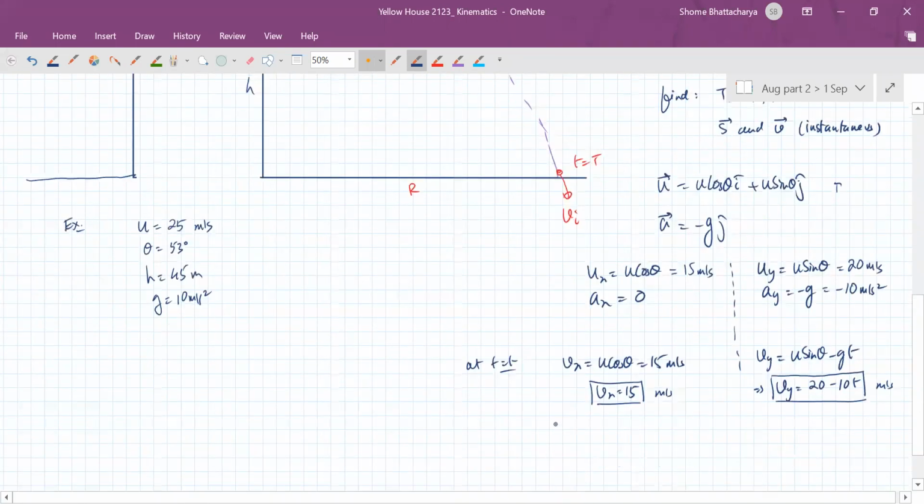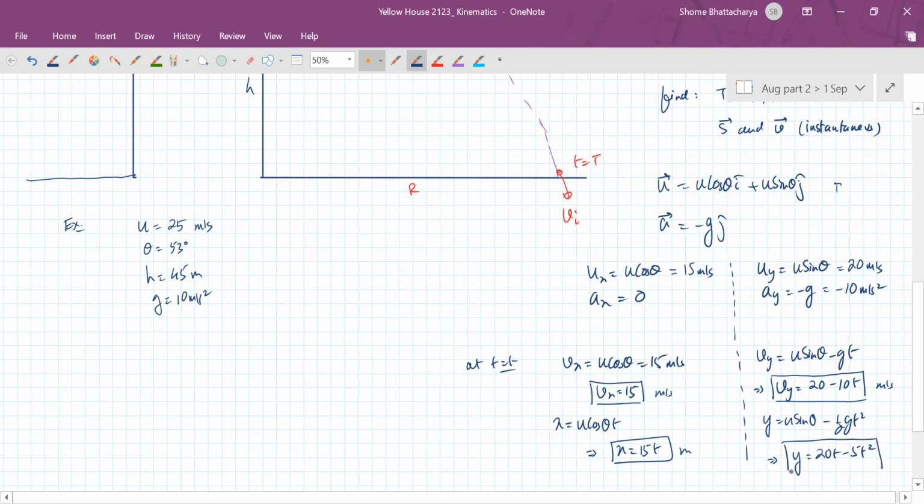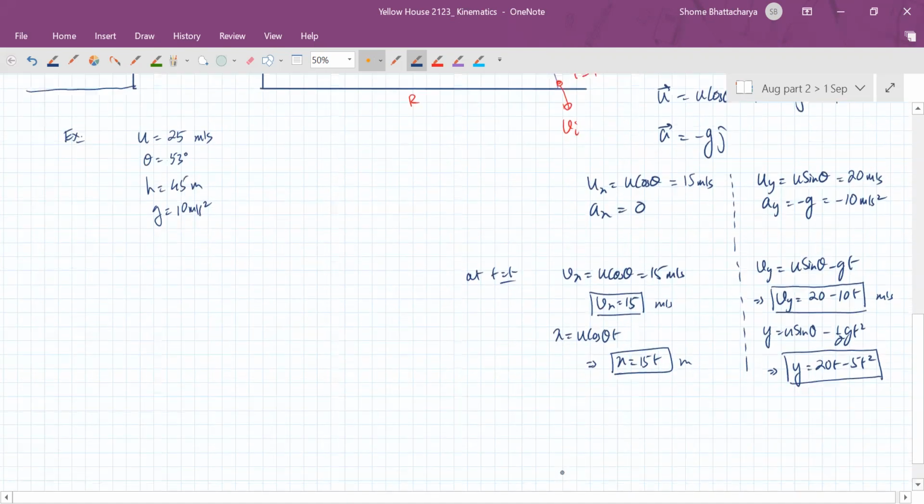Likewise, x will become u cos theta t. So velocity as a function is like this, and x and y coordinates are above.